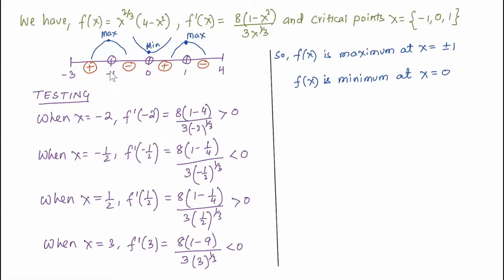Now the maximum value will be, let's see, f max, that is the maximum value of the function, will be at -1 and +1.